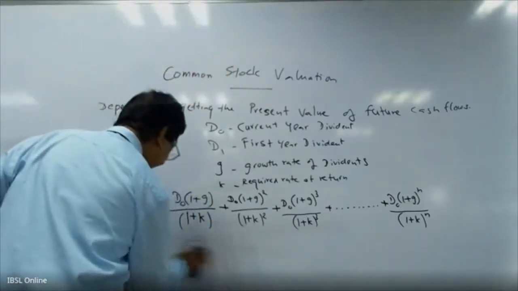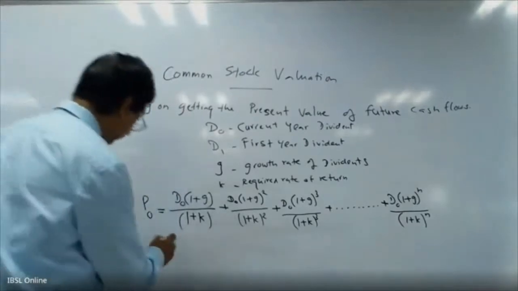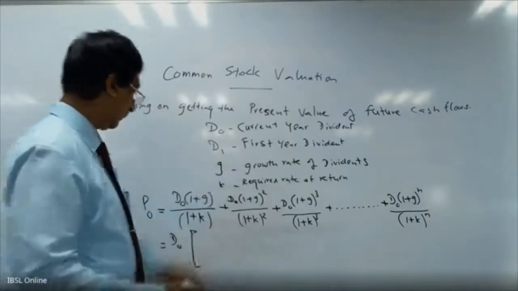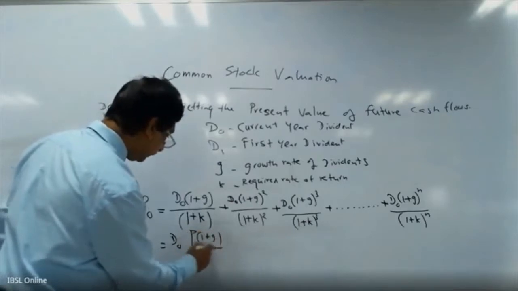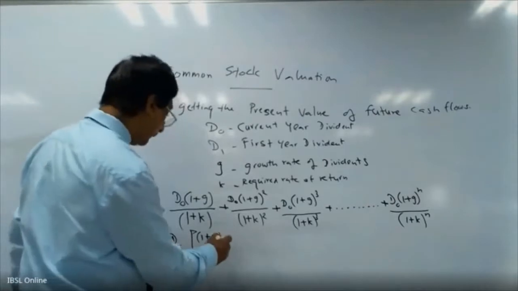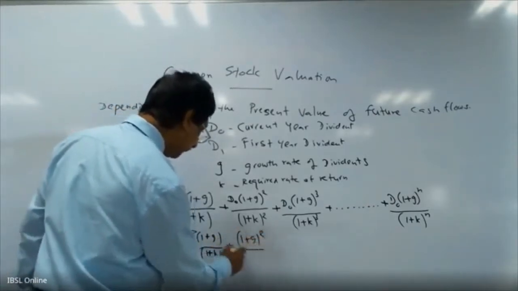Or anyway, it is better if we do this: we only take D0 out. Then you have it like this: 1 plus g over 1 plus k. Next is 1 plus g squared over 1 plus k squared.